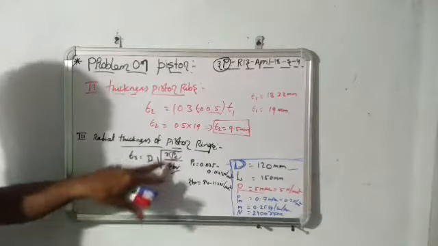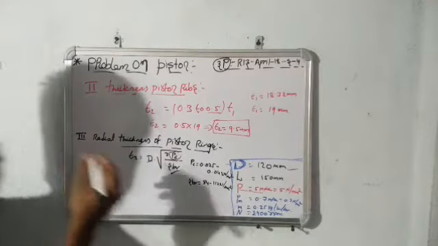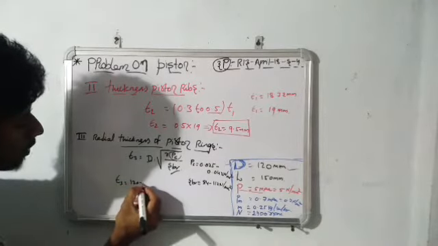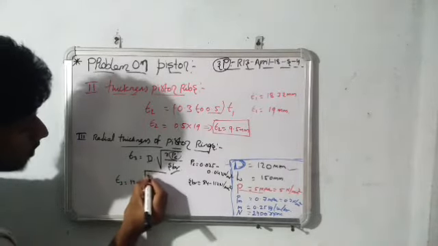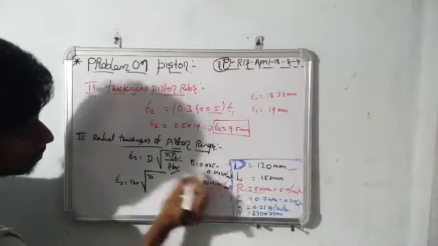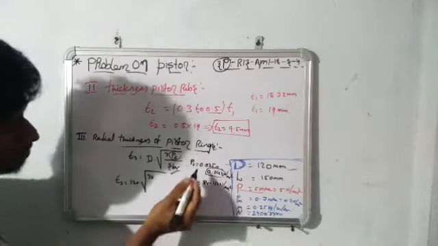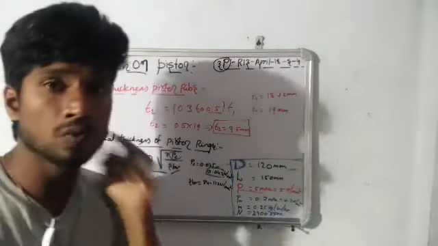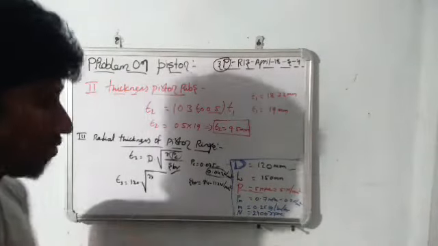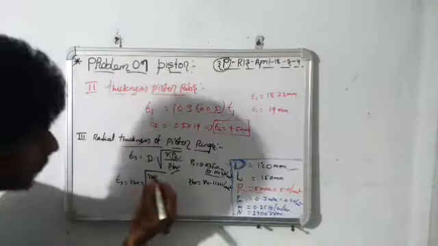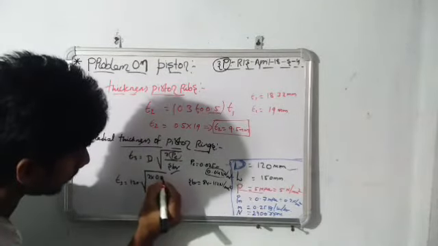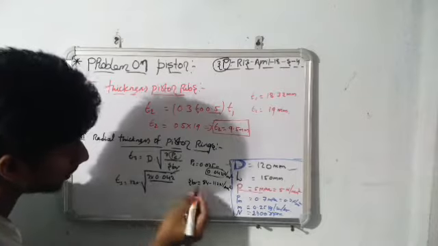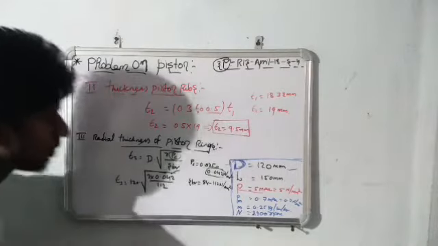By substituting all values here, we get T3. The T3 equal to 120 into root of 3 into, and consider PC the maximum value, that's your wish, between 0.0252 and 0.042. It's your wish within that range. So I am considering 0.042 divided by 112.